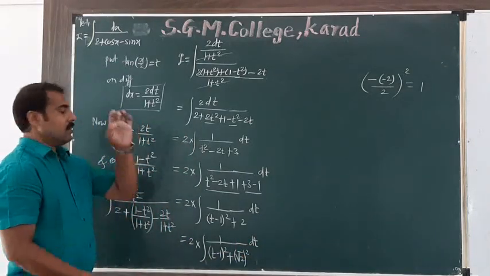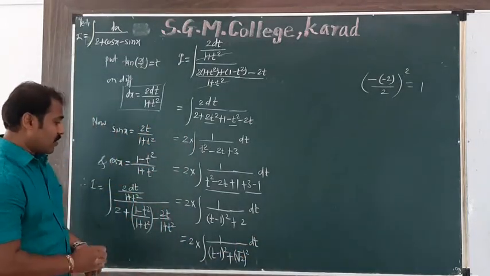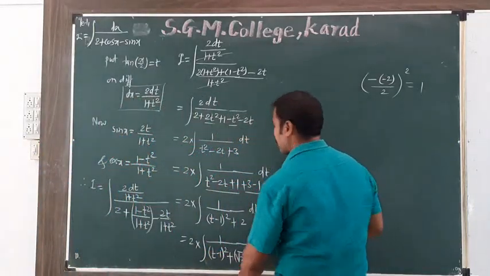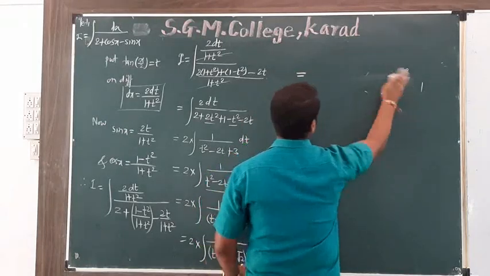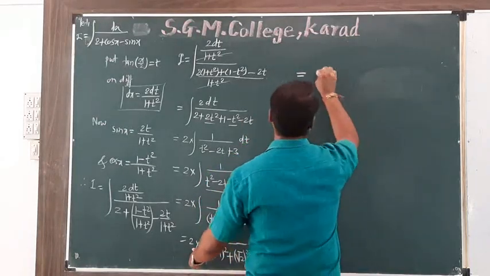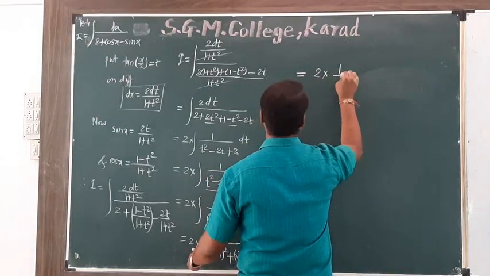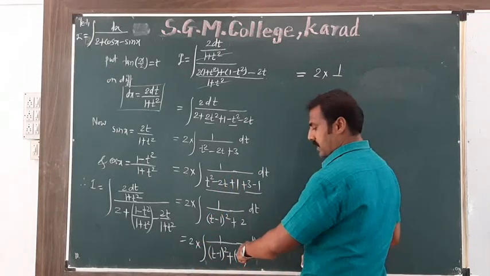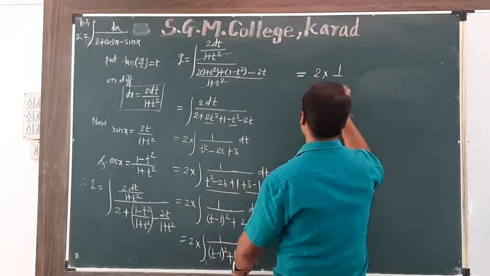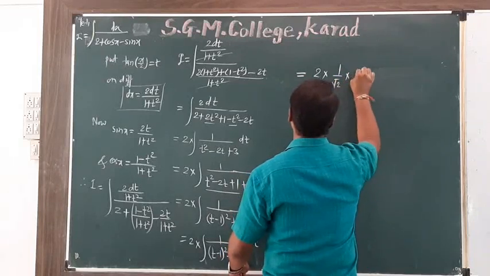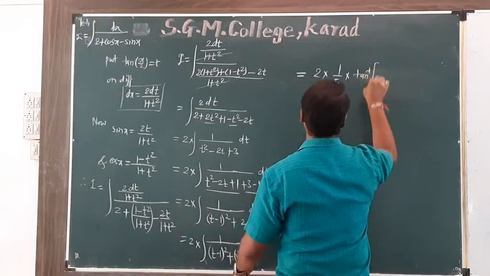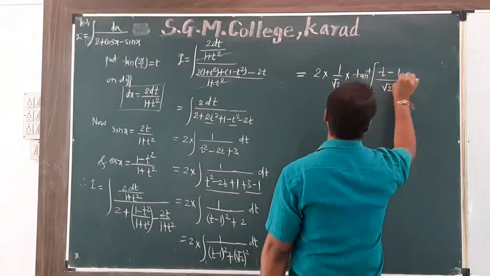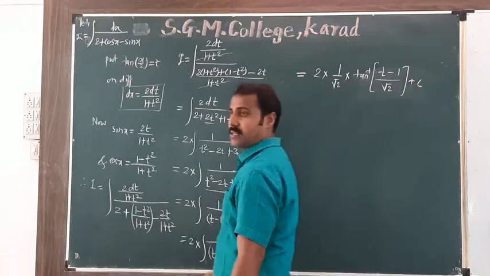Now, using the formula, integration of 1 upon x square plus a square is 1 upon a tan inverse of x upon a. So 2 as it is into 1 upon a, which is 1 upon root 2, into tan inverse of x upon a, where x is t minus 1, divided by root 2, plus the constant of integration c.